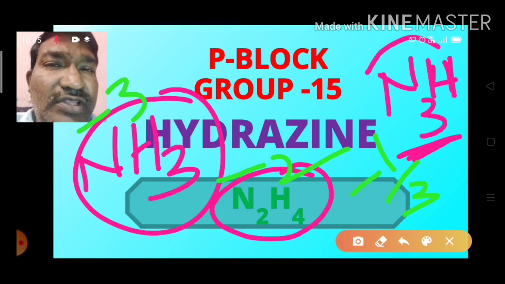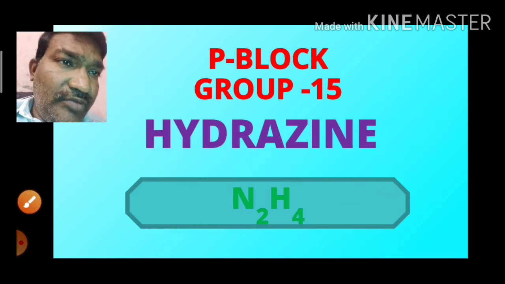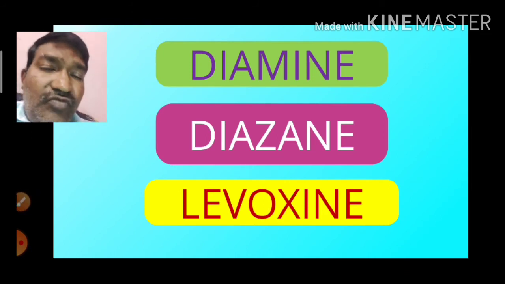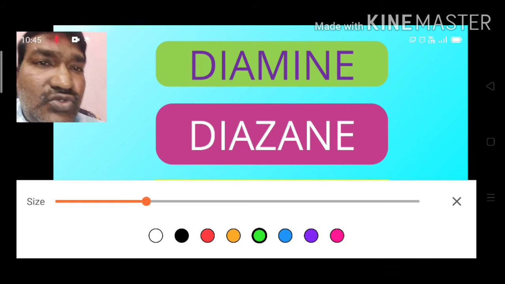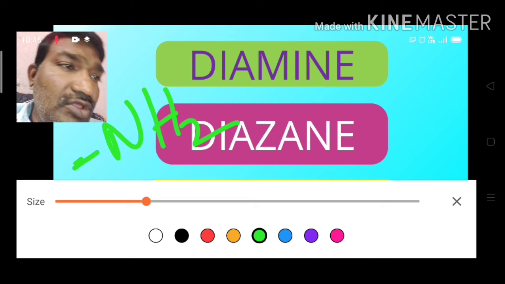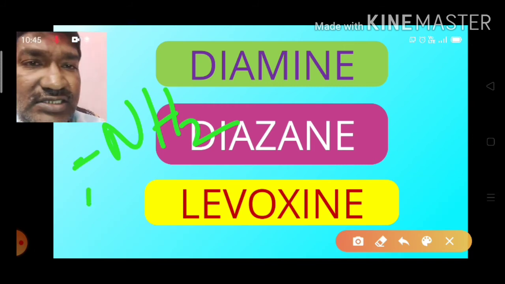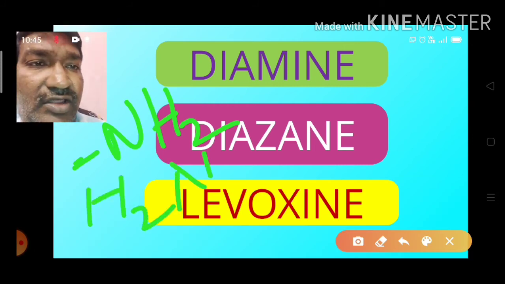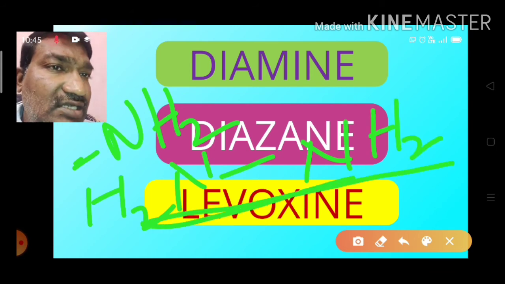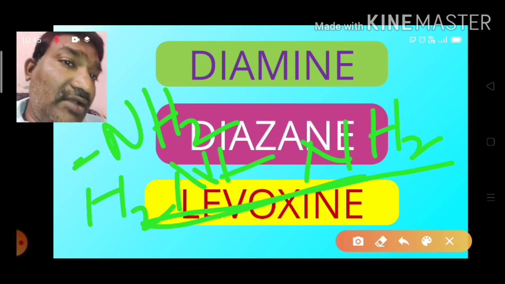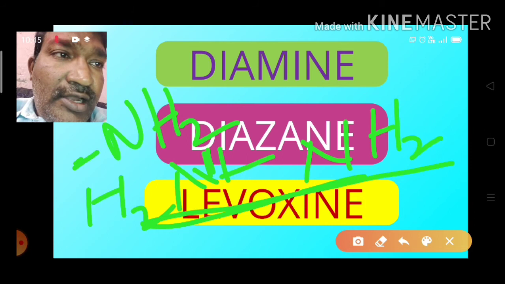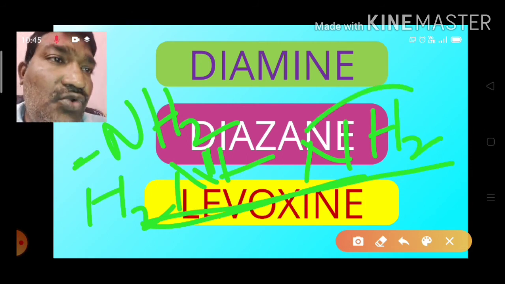Prior to that, we go for the other names of hydrazine. Look here, these are the other names of hydrazine. We know very well that the NH2 group is known as the amine group. As we have two NH2 groups in hydrazine, we call it diamine.